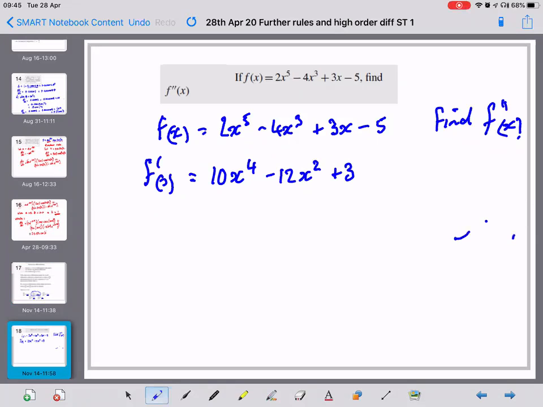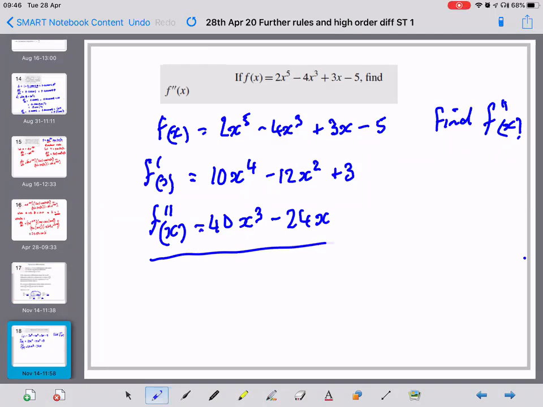So that's the first differential. And then we can differentiate again and say f double dash x is 4 times 10 is 40, x to the 3, 2 times minus 12 is minus 24, x, and the constant disappears.